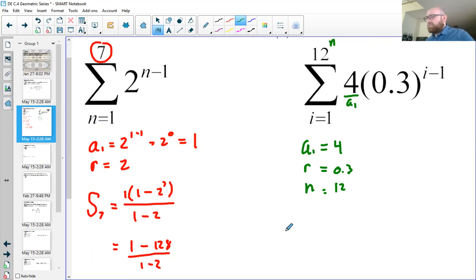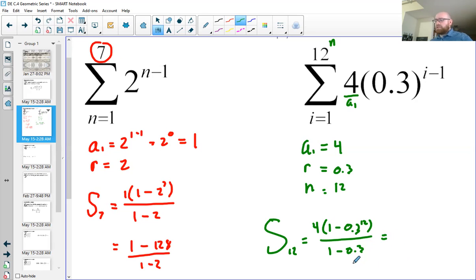So we're going to have S12 is equal to 4 times 1 minus 0.3 to the power of 12, close parentheses, all divided by 1 minus 0.3. And so putting this in my calculator, I'll probably need an extra set of parentheses around my denominator.